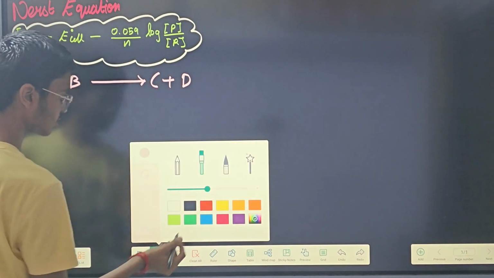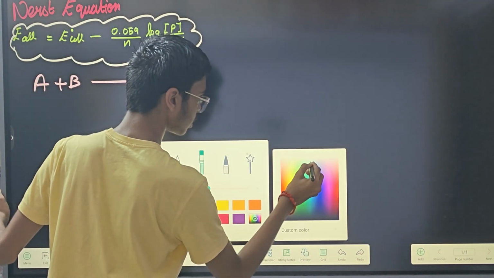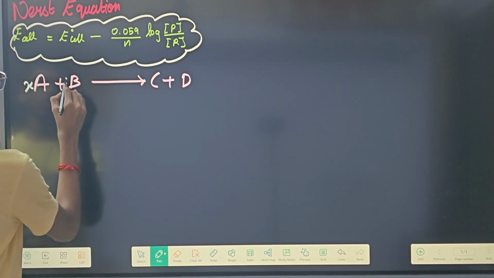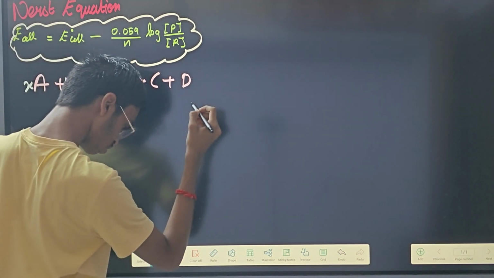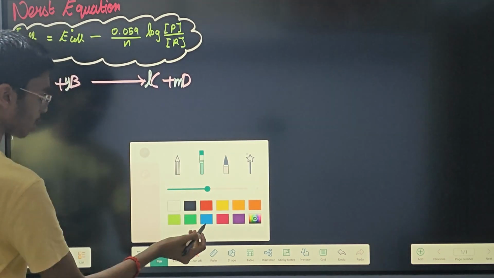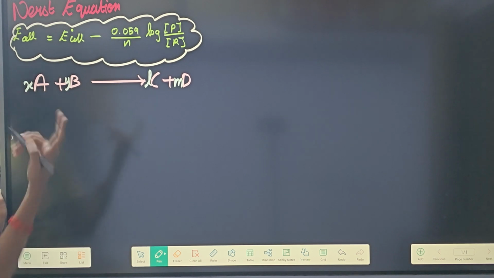Since these are concentrations, it is preferable to write them in another color. Now coming back here, what is the reaction quotient?